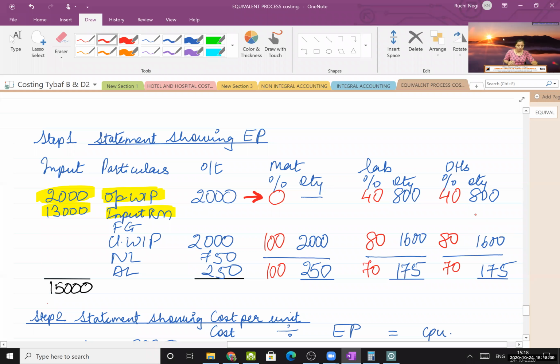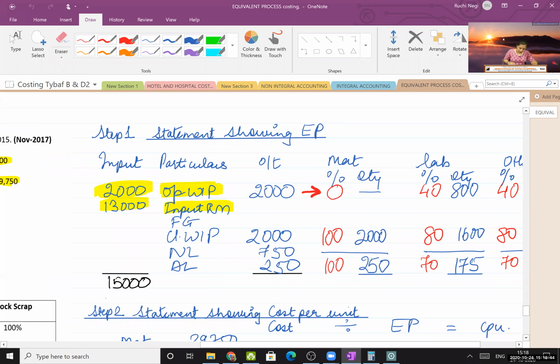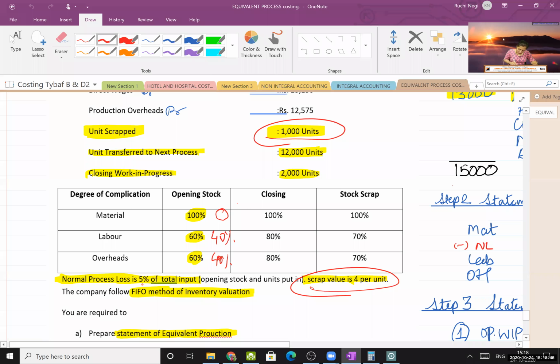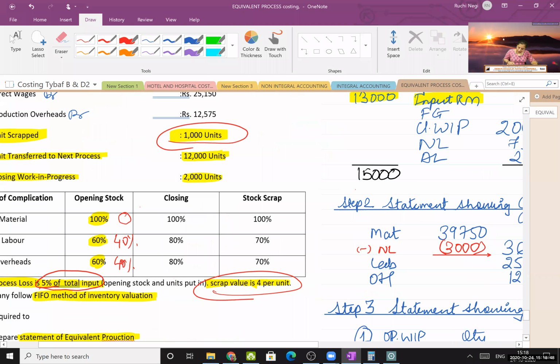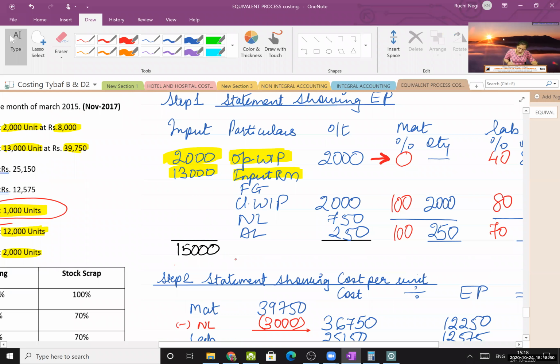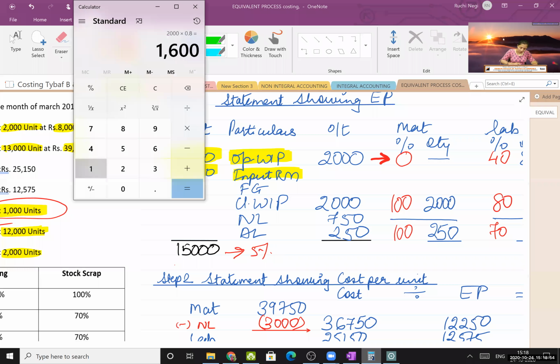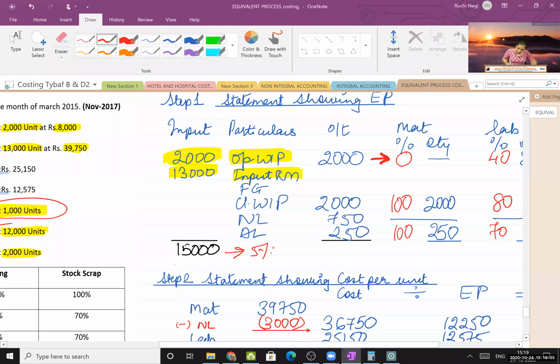Then normal loss. Normal loss kitna bola hai? Normal loss is 5% of total input. Input kitna hai? 15,000. 15,000 का 5% कितना होता है? Calculate. 750. So write here 750.